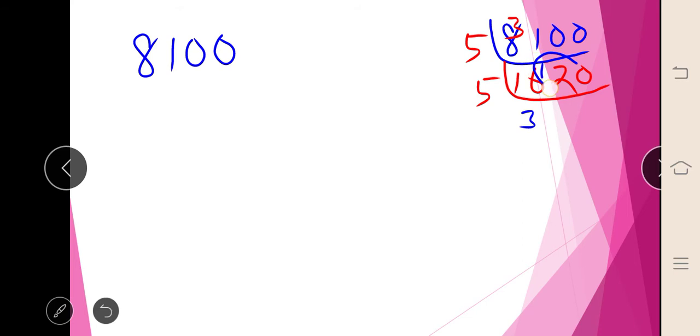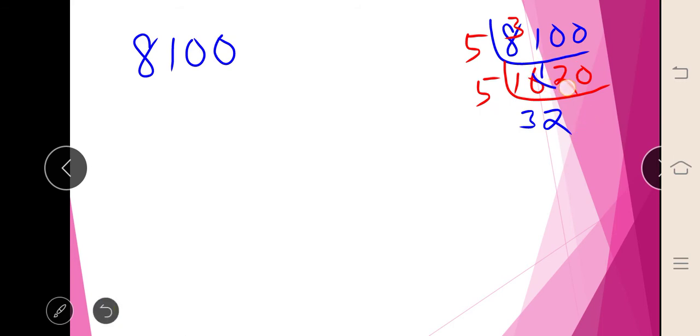Now assume with the next digit 2, 1 2, 12. Now in 12, how many times 5? 2 times. 5 ones are 5, 5 twos are 10, 5 threes are 15. It is going beyond 12. So don't take the third count. 5 twos are 10.